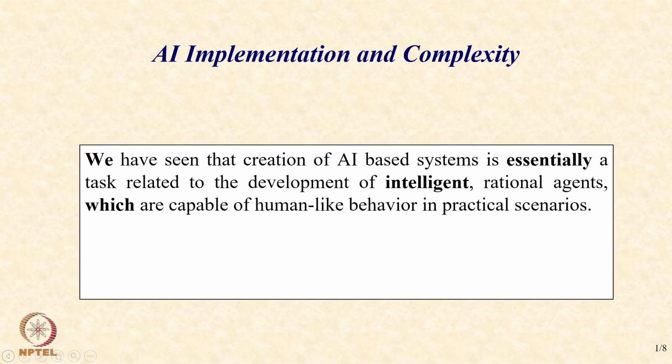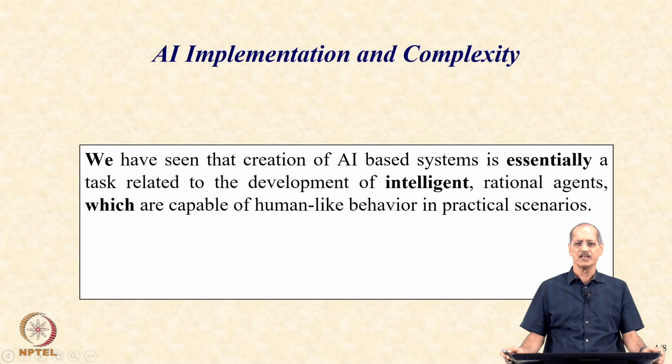So let us begin. As we have seen, the creation of AI based agents is essentially a task of development of intelligent rational agents, and the key idea is that all these systems that we are going to develop are capable of human like behavior in practical scenarios.